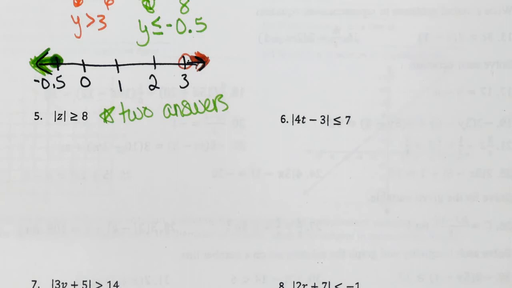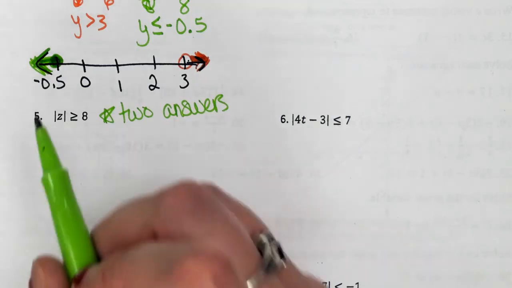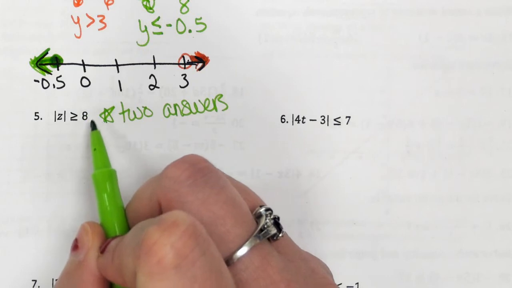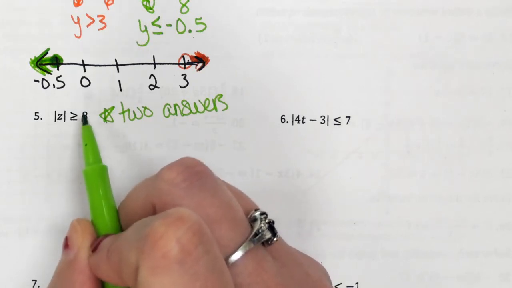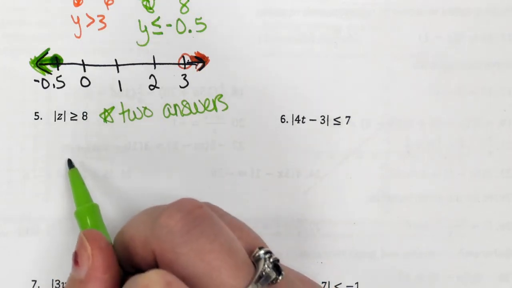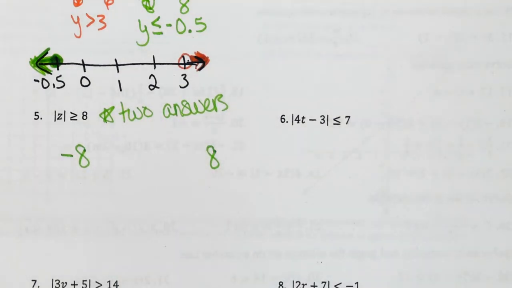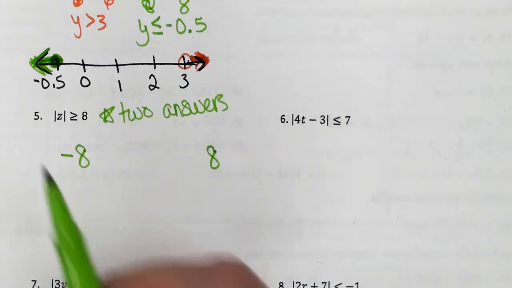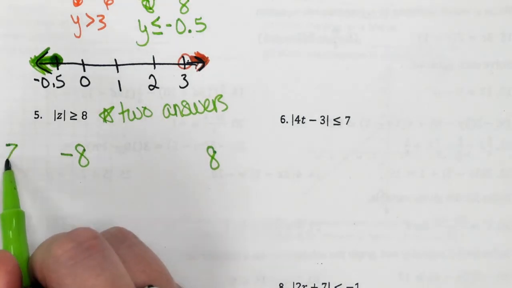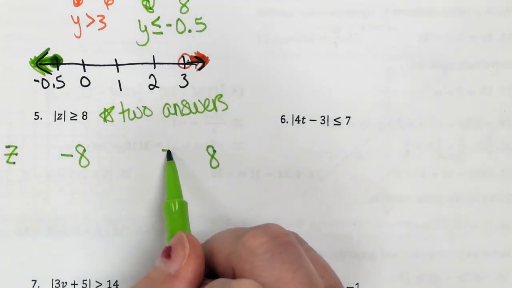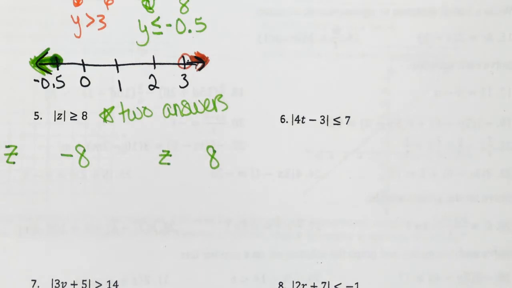What was the only thing that we messed with when we did absolute value equations before? The number that's outside, right? That's not inside absolute values. And what did we do to it? We made one negative and one positive, right? And then we had an equals, but we can't do equals because we've got an inequality, okay? So let's pause right there.